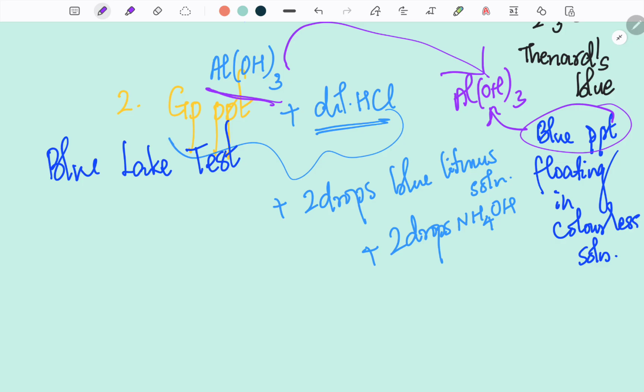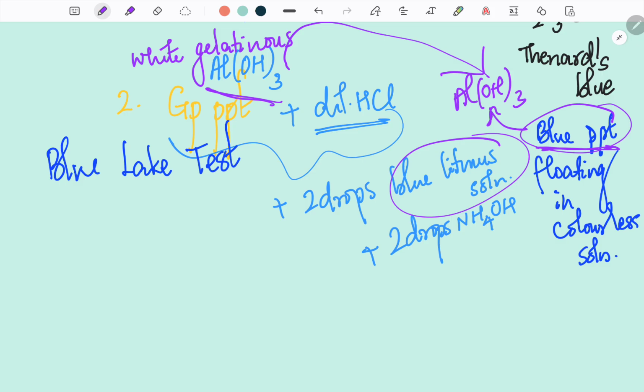But if you remember, I told you that aluminium hydroxide is a white and gelatinous precipitate. I had mentioned that in the identification test. So how is this blue precipitate also aluminium hydroxide, you may wonder? That is because of the blue litmus.